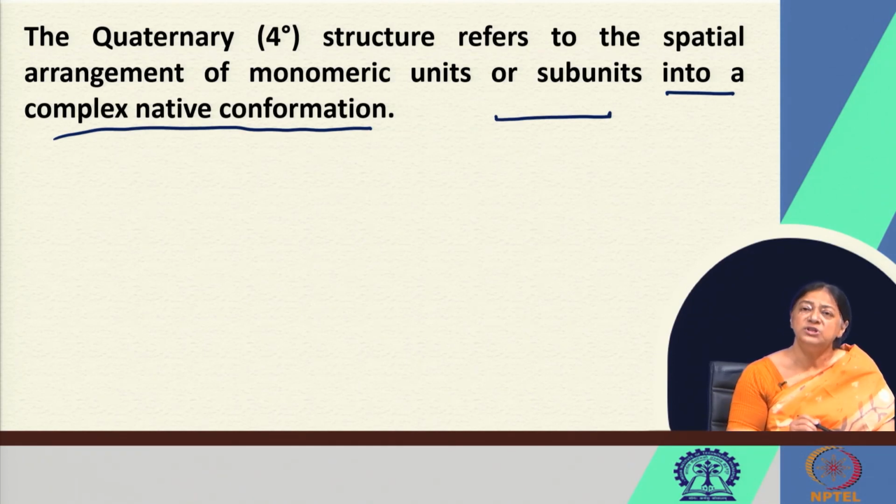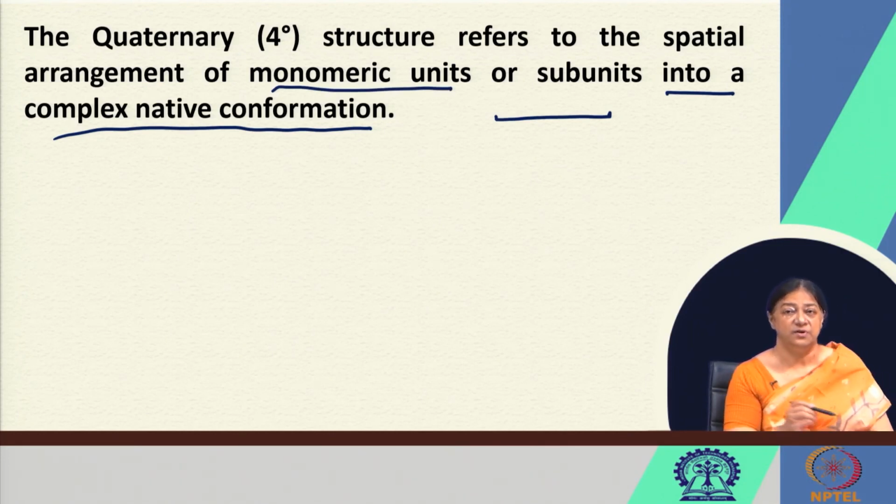Yes, all proteins will have a single polypeptide chain and they will fold into a native tertiary structure. But there are some proteins that form quaternary structures. In these quaternary structures, several monomeric units can come together to form the functional unit of the protein, the native protein.